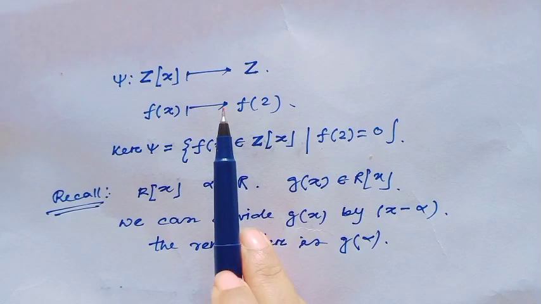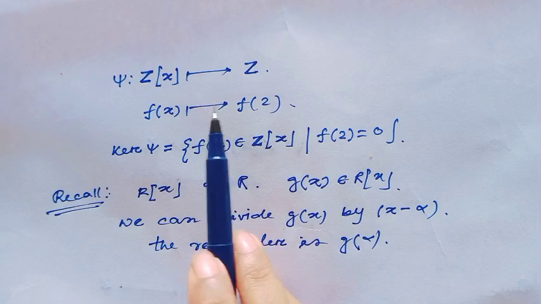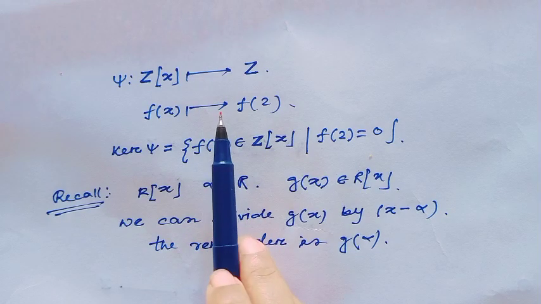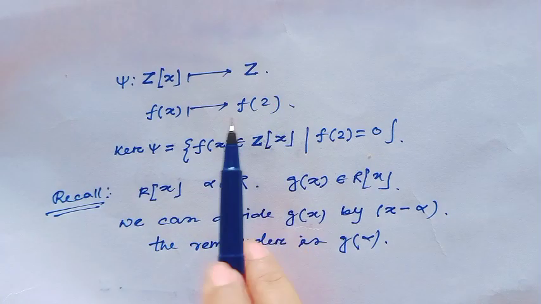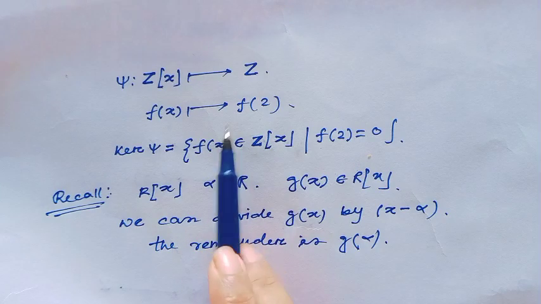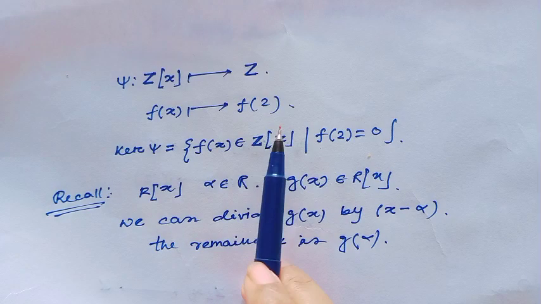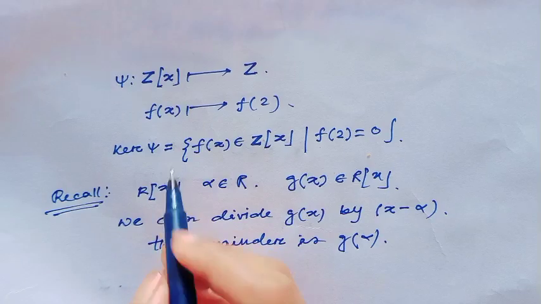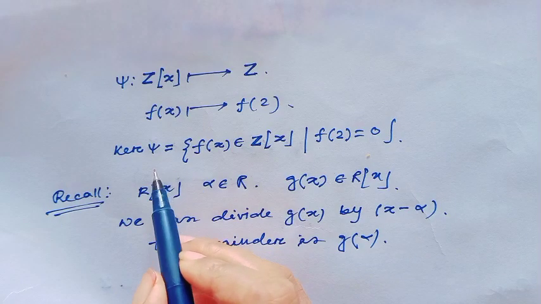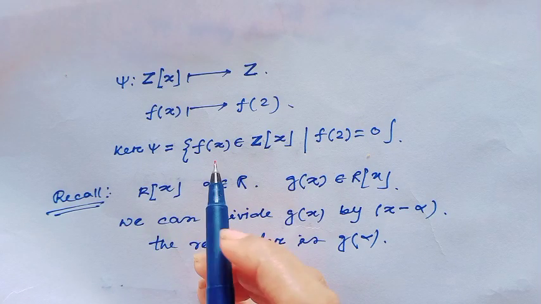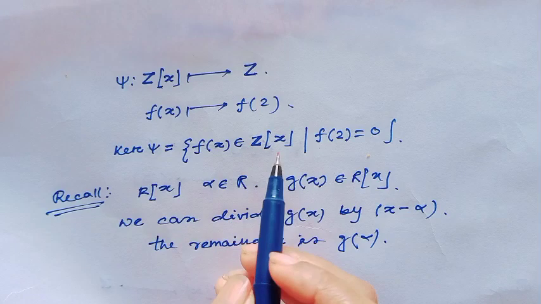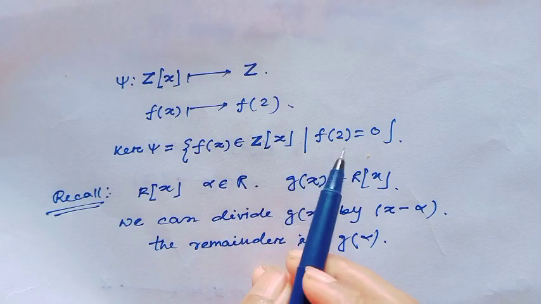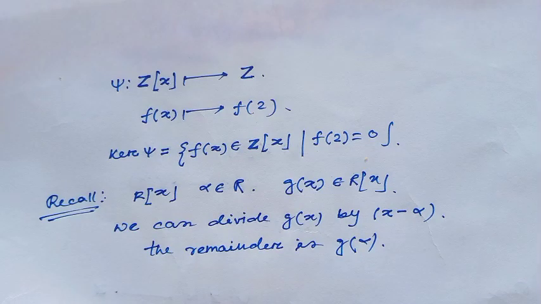Now I will give one example. Consider one mapping psi from Z[x] to Z, and the mapping is of this type: f(x) maps to f(2). Then the kernel of this mapping is the set of f(x) in Z[x] such that f(2) equals 0.